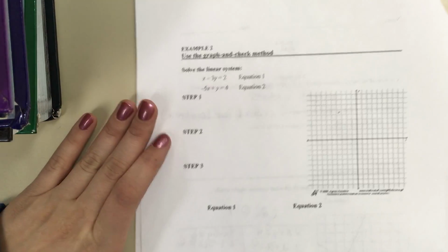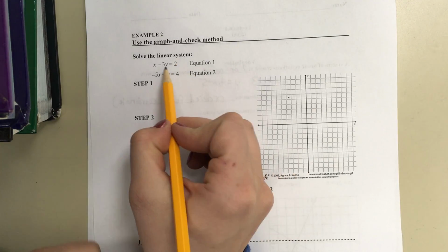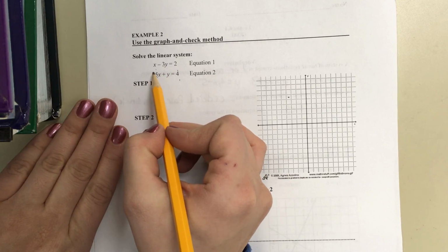Go ahead and flip your page to example 2. This is the last example we are going to go through on this video. This one says, solve the linear system. When we are solving these systems by graphing, the first thing we're going to need to do is graph each equation. But we all know that in order to graph these equations, we need to first solve for y.